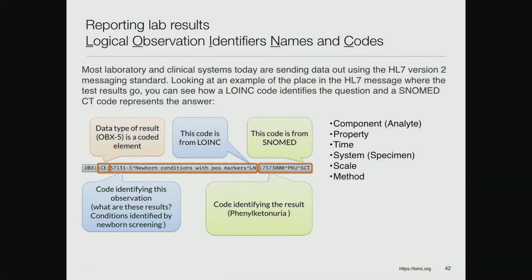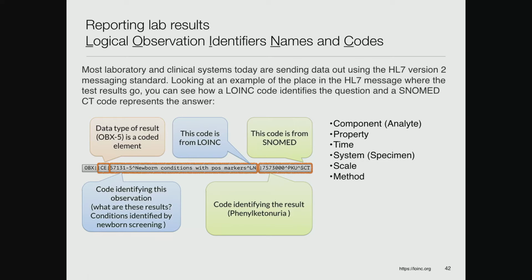If you send off your blood sample to a lab, they send back a string like this to the hospital or to your doctor's office that says, it's coded in this OBX coding system, and here is the LOINC code, and this is the SNOMED interpretation.